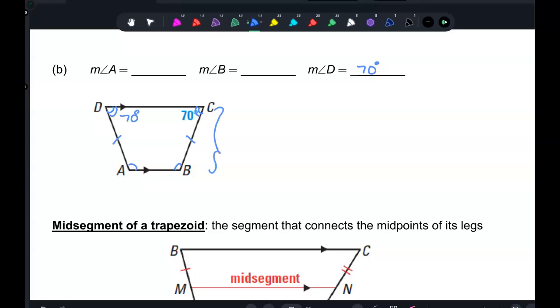And then here, B and C have to add up to 180. So if I do 180 minus 70, I get 110. So 110. Well, that also makes angle A 110 because the two base angles have to be congruent. So the two at the top are congruent and the two at the bottom are congruent.